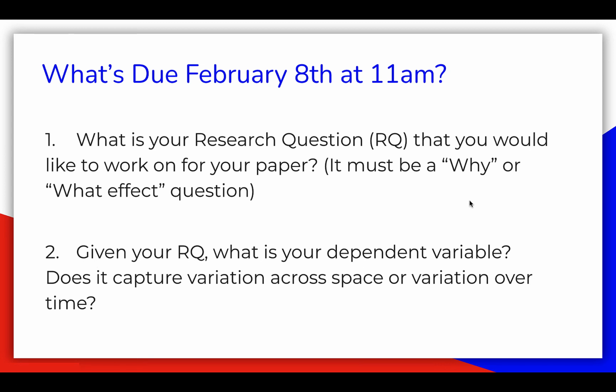You should be able to identify from your research question what your dependent variable is. And then you should be able to tell me whether it is a time series question or a cross-sectional question. Does it capture variation across space? That's cross-sectional. Does it capture variation over time? That's a time series question. So you should be able to do these three things, okay?